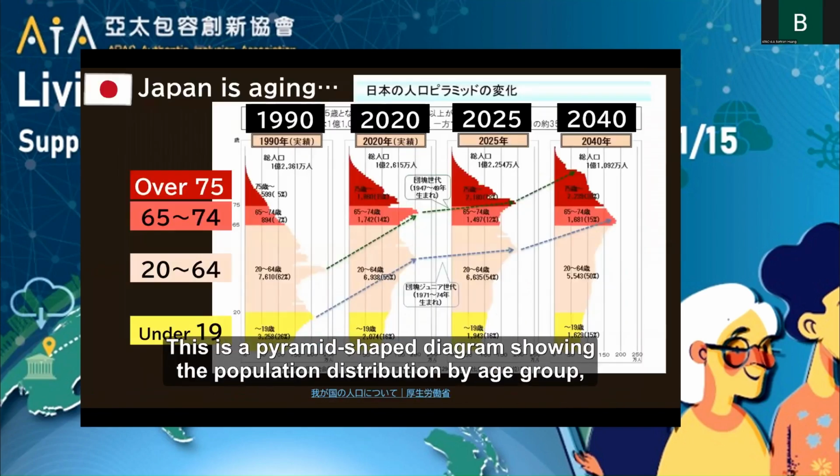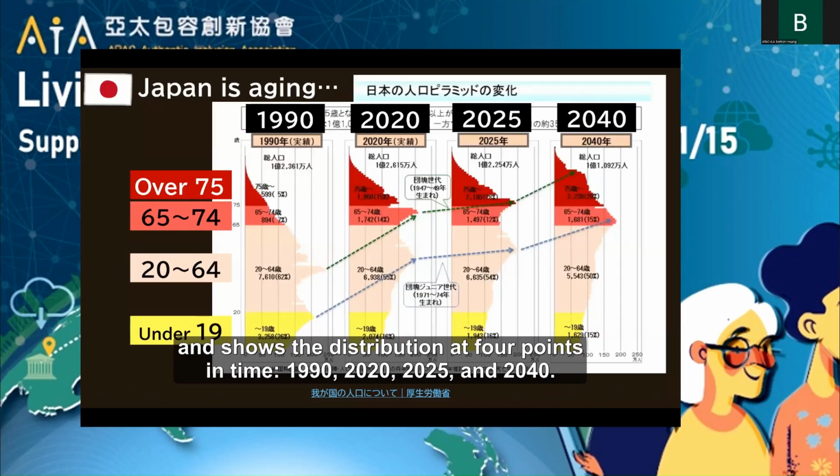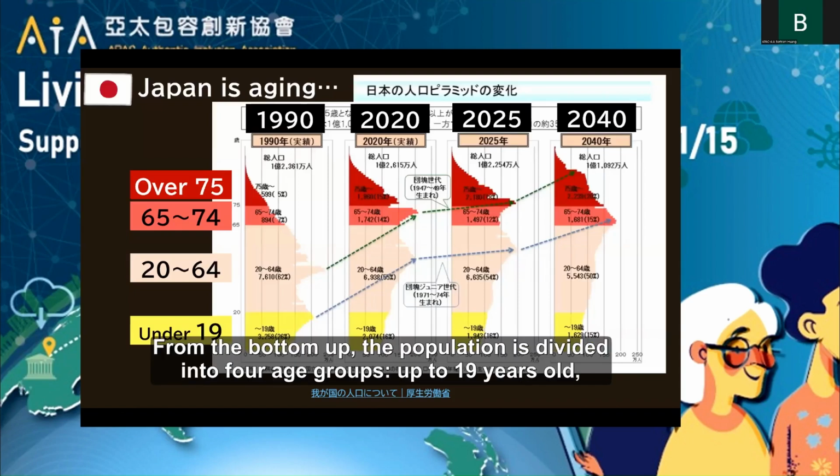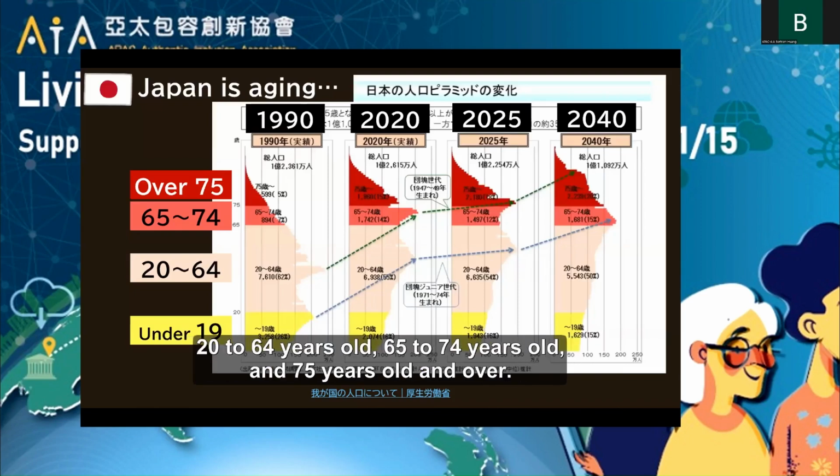This is a pyramid-shaped diagram showing the population distribution by age group and shows the distribution at 4 points in time: 1990, 2020, 2025, and 2040. From the bottom up, the population is divided into 4 age groups: up to 19 years old, 20 to 64 years old, 65 to 74 years old, and 75 years old and over.